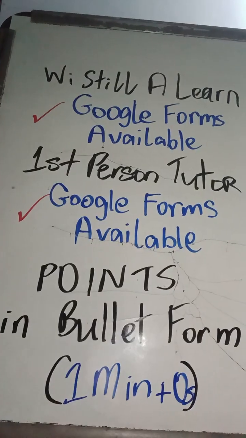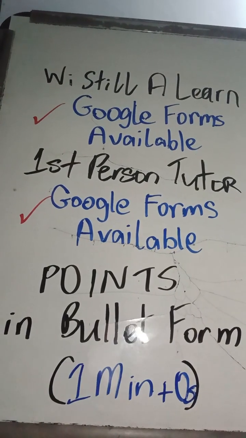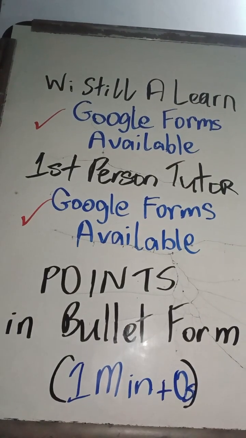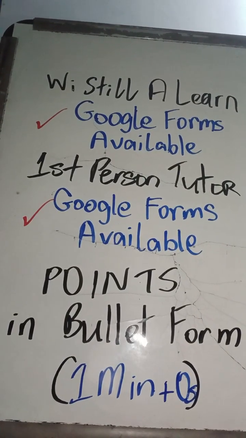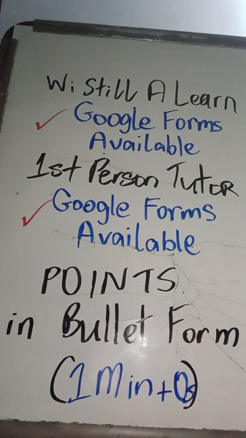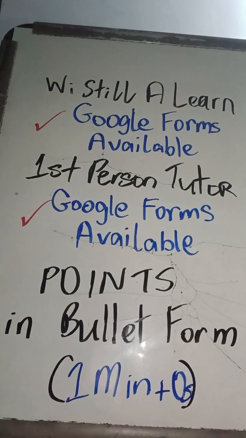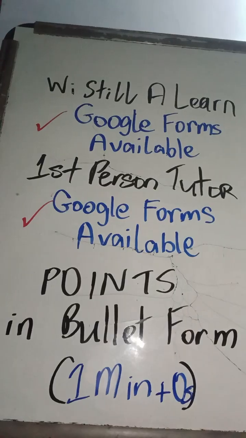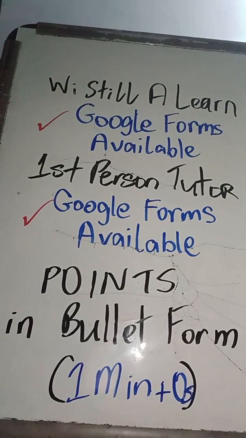So whether face to face or online, or group or one-on-one, the Google form can be used to sign up for just about anyone, right? So if you are in primary, if you're in high school, or if you're an adult learner, then yeah.